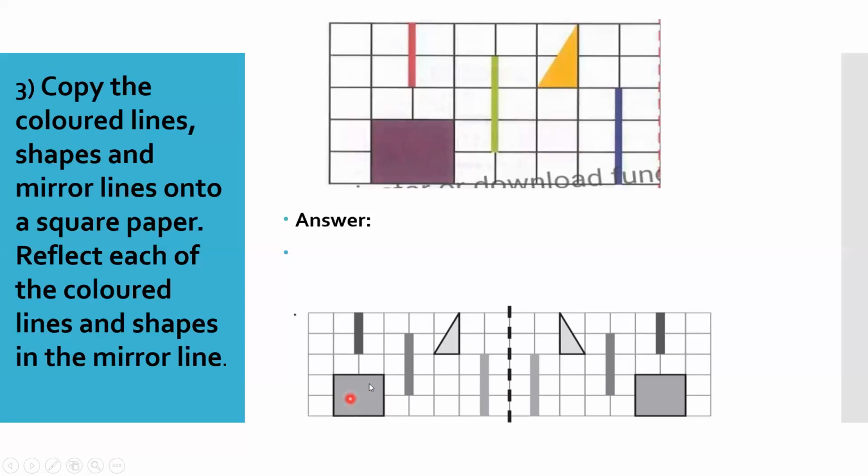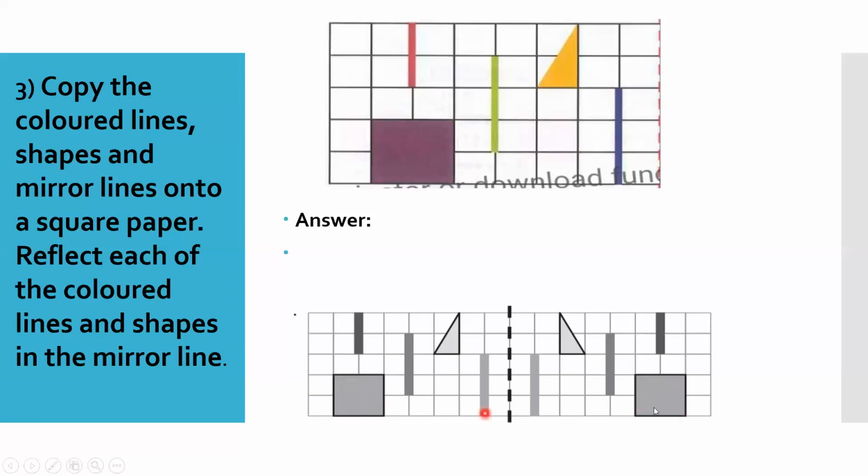Square, this is the original shape, and you can see the reflected square in the mirror line. Can you find any changes? No, right? Because when you flip this square box to the left side as well as the right side, you will get the same image.